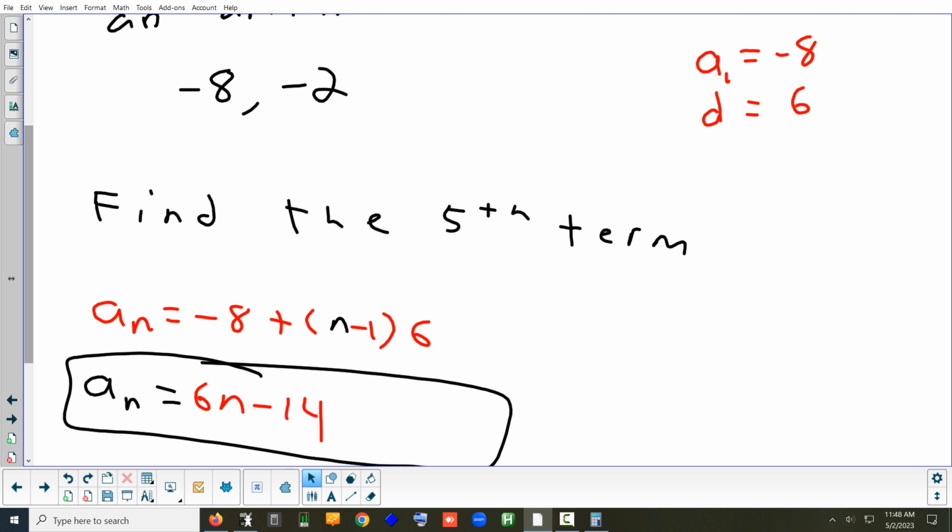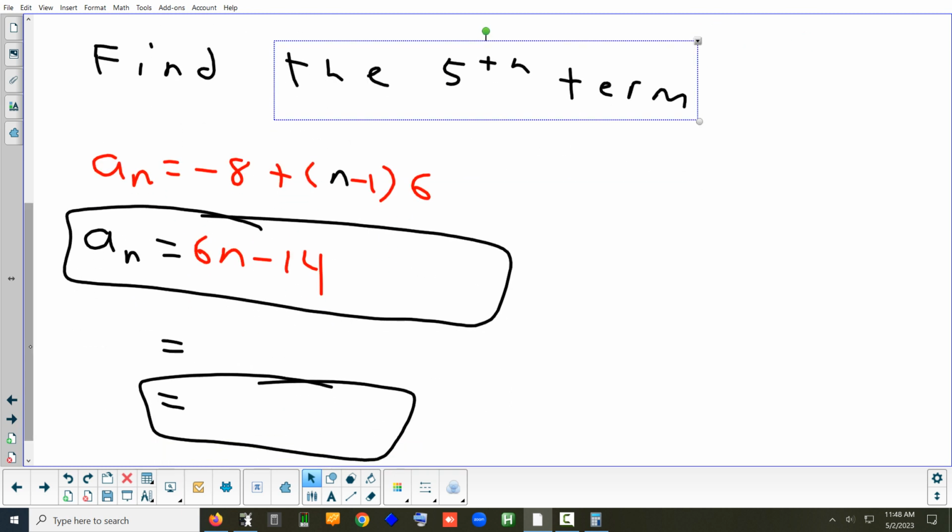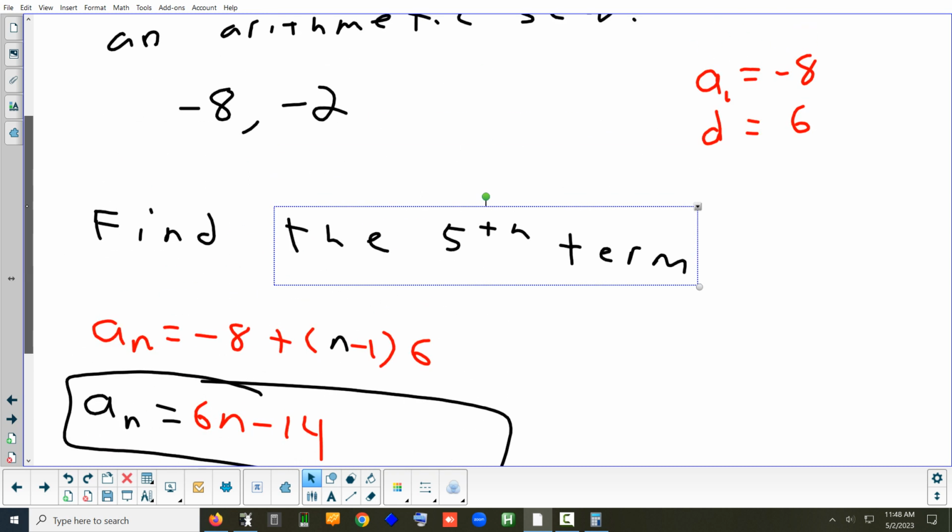Now, whether they want the fifth or the 5,000th, it doesn't make a difference. We just fill in n. So what's a sub 5? 6 times 5 minus 14. 16. My math is a little slow.